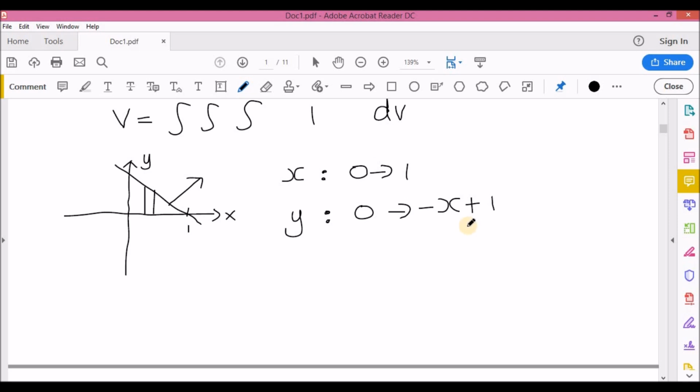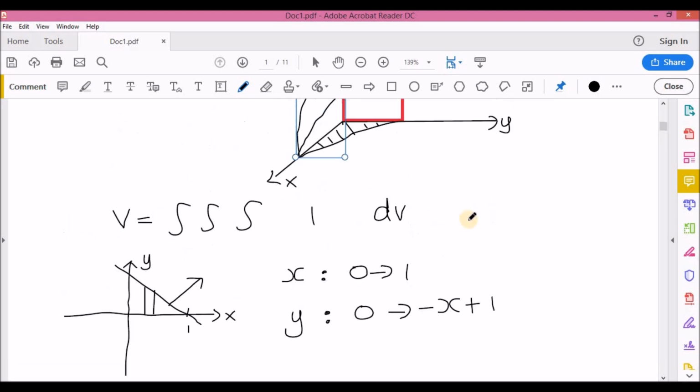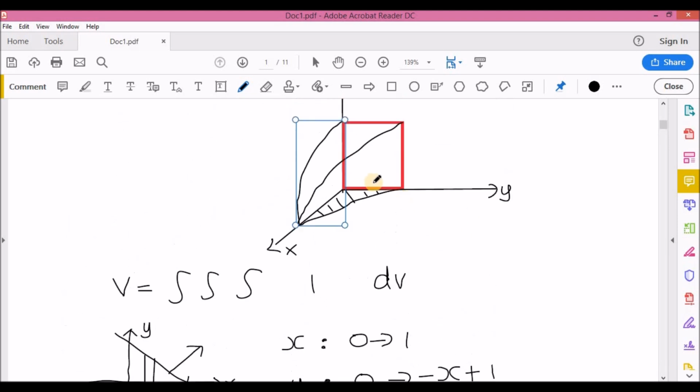This will be the interval for x and y. Next, we have to define the interval for z. You have to assume yourself inside this 3D structure. When you look down, you will see a plane which is z equals 0. When you look up, you will see this surface.